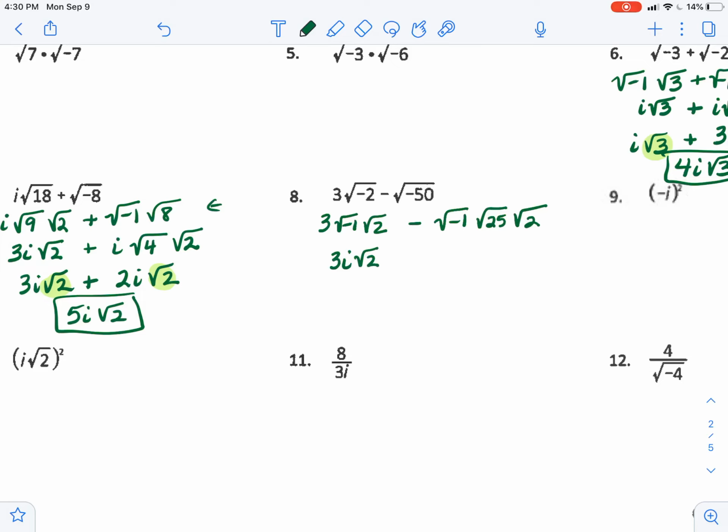Square root of 2 can't simplify. Next one, square root of a negative 1 is i. Square root of 25 is 5. I'm going to put that out in front. And then I can't simplify the square root of 2. So this is now a subtraction. Again, your square root of 2's are the same. So I just put my imaginary numbers together. So I have 3 minus 5 is a negative 2i. Final answer.